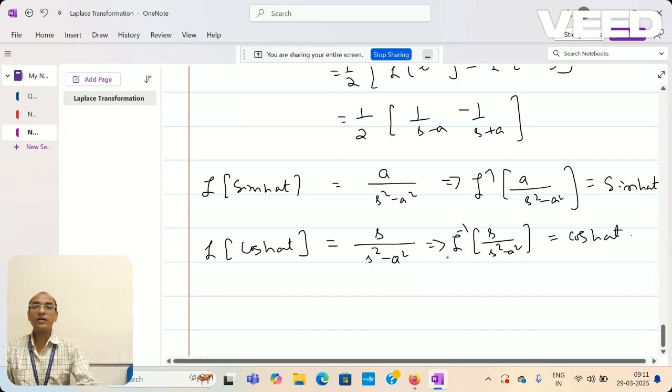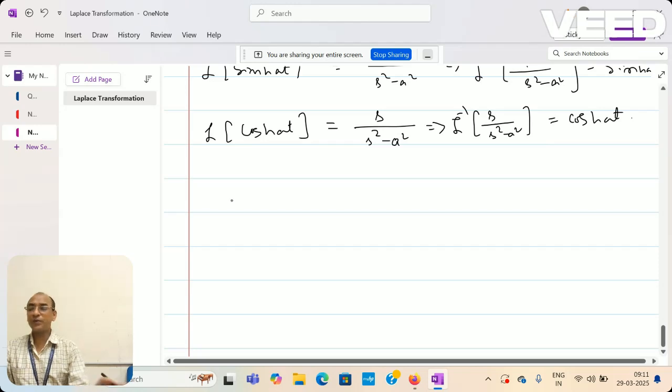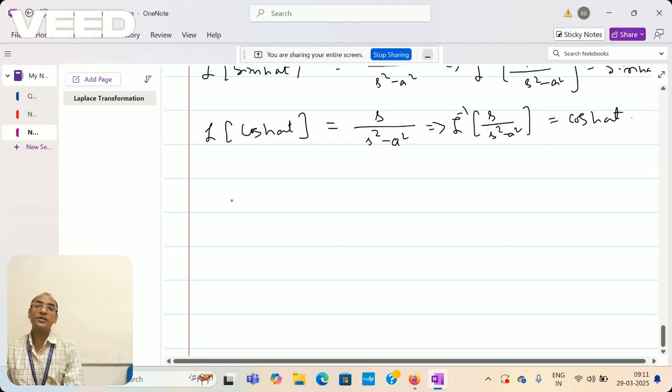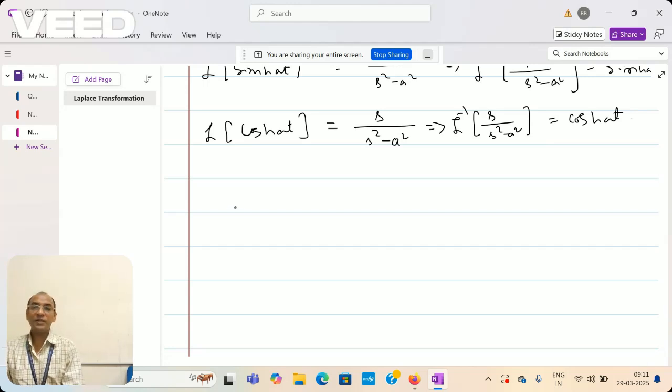Now here I can say some properties, but those properties we will discuss next. Here I want to say one basic thing, that is maybe called the shifting property.